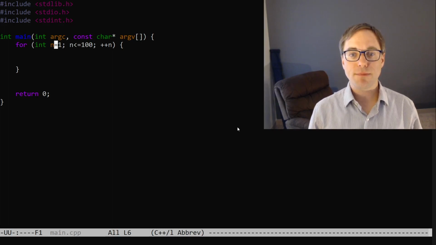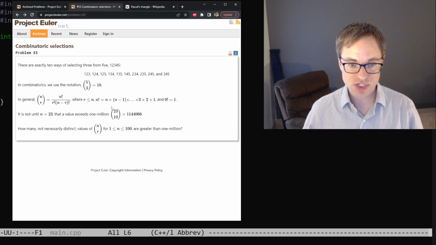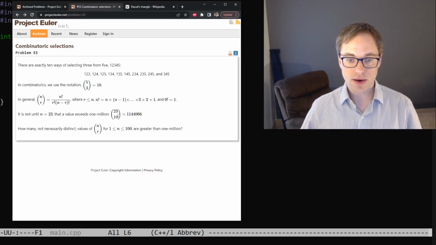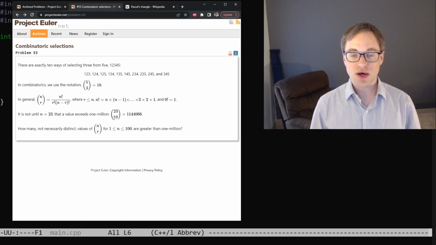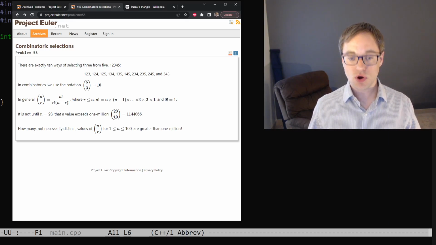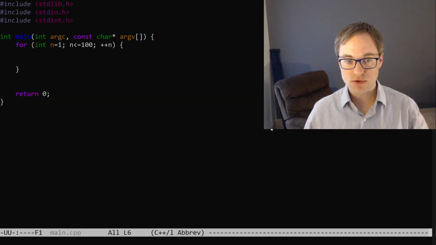And that won't happen until we get to n equals 23. That was given to us in the problem description here. Our algorithm doesn't work as well for the rows before that because all of the values in all of those rows are less than 1 million. So we're going to start at n equals 23.